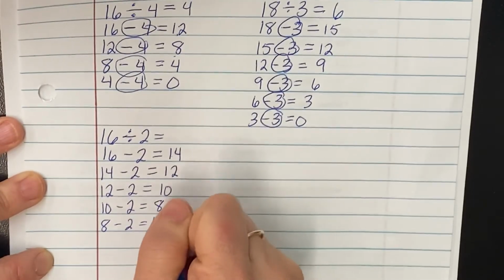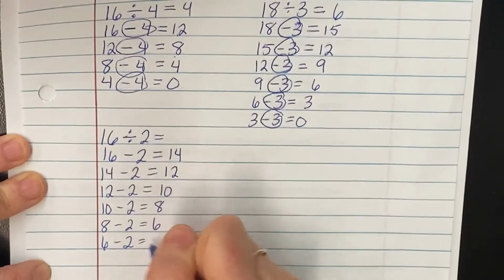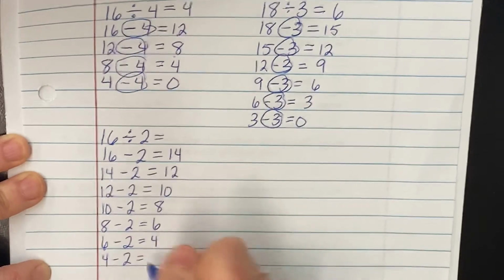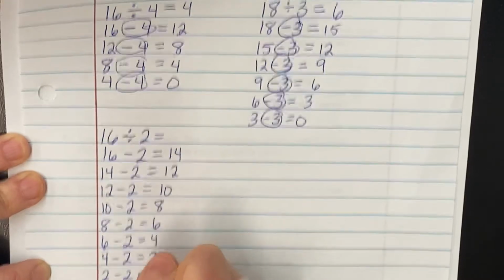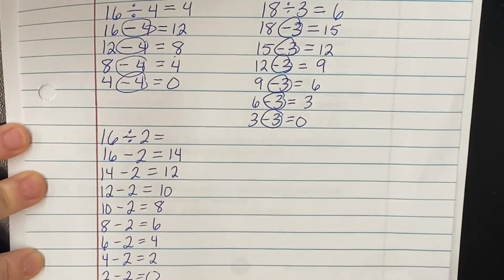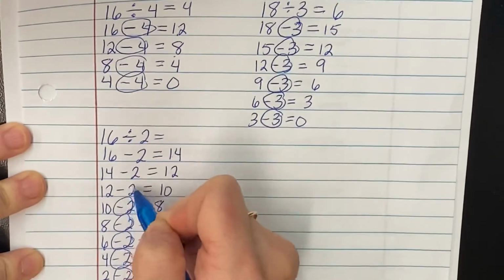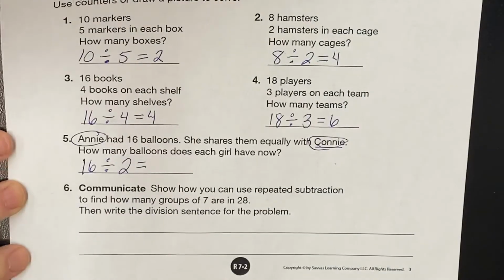Subtract 2. 6. Bring down your 6. Subtract 2. 4. Bring down your 4. Subtract 2. 2. Bring down your 2. Subtract 2. 0. Okay, we're finished. Let's see how many. 1, 2, 3, 4, 5, 6, 7, 8. 16 divided by 2 is 8. So each girl would get 8 balloons.